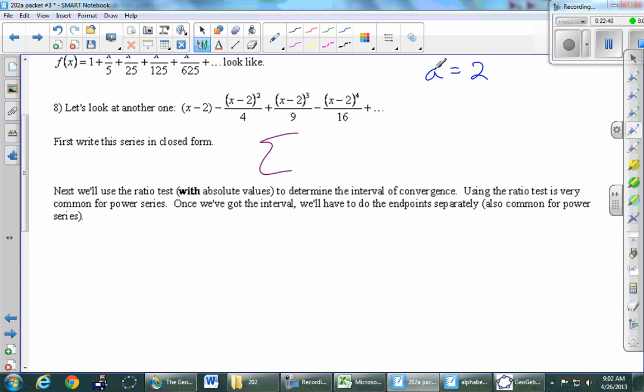Our job as detectives here is to come up with a general formula for each term. So first of all, what's the same on the top every time? It's an x minus 2. And then the x minus 2 is getting raised to different powers, so that's where we should stick the n. Okay. And now our job is to figure out what's going on at the bottom.